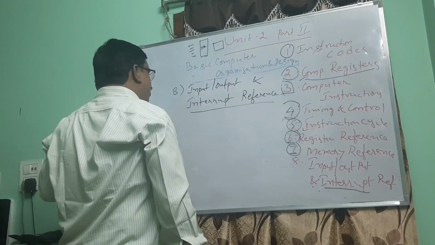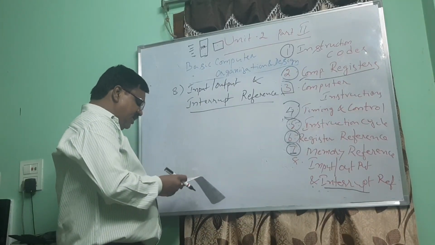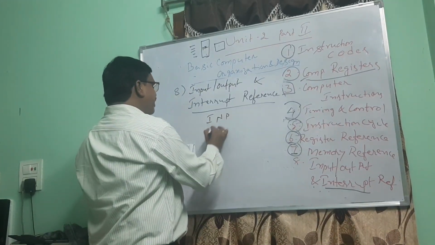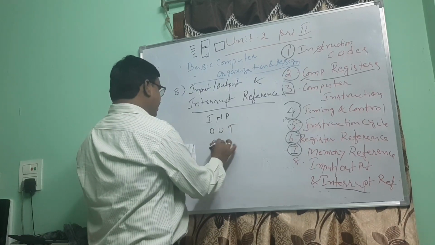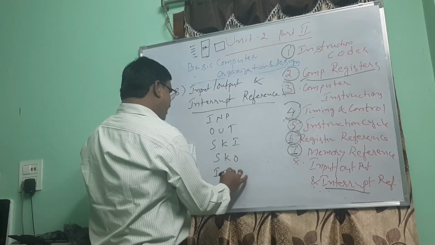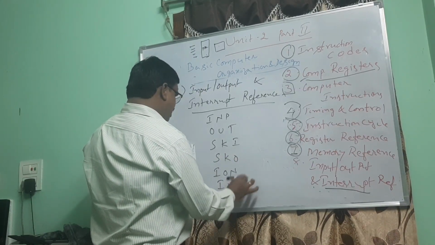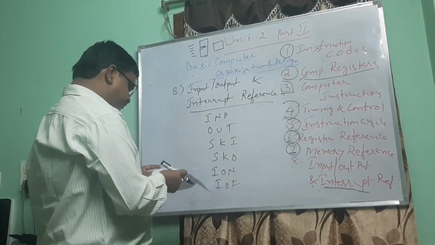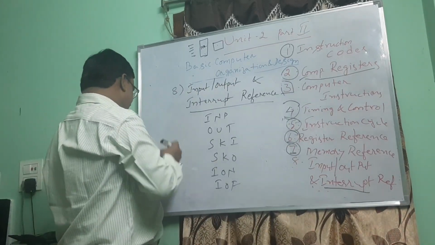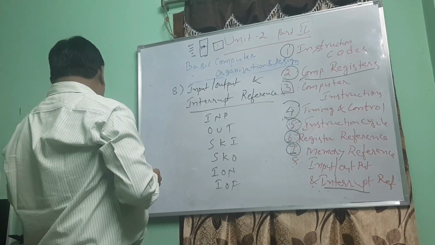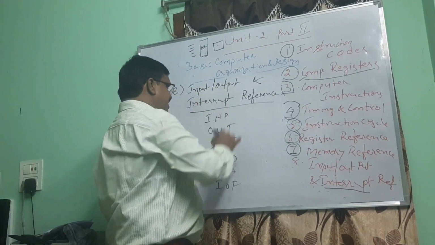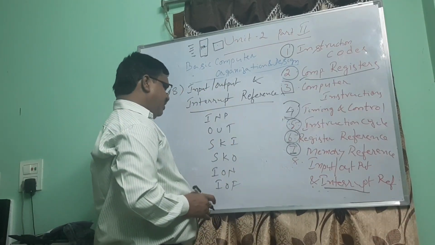Okay, so input, output, and interrupt reference instructions, if we discuss, they are INP, OUT, SKI, SKO, ION, IOF. Okay. And I think one more is also there, clear. So these are some of the instructions that are related with the input, output, and interrupt references.